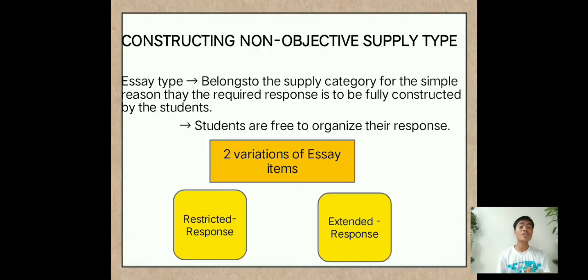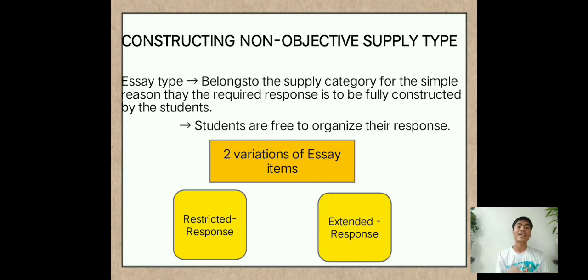Next is constructing non-objective supply type. Here, number 1 is the essay type. It belongs to the supply category for the simple reason that the required response is to be fully constructed by the students. You are letting them create an essay to expand or elaborate on something.